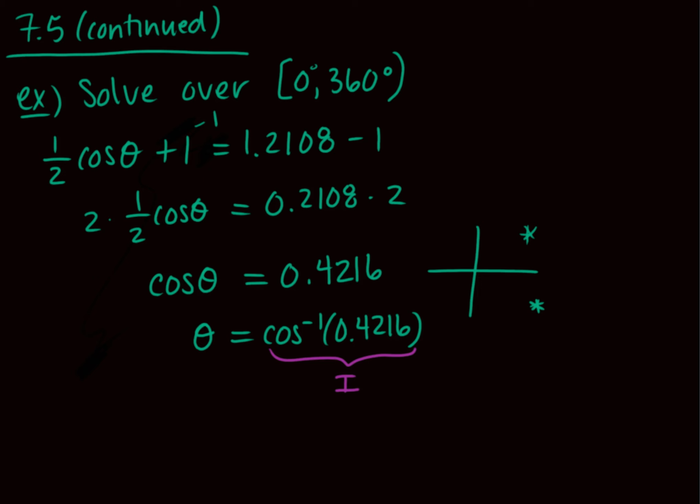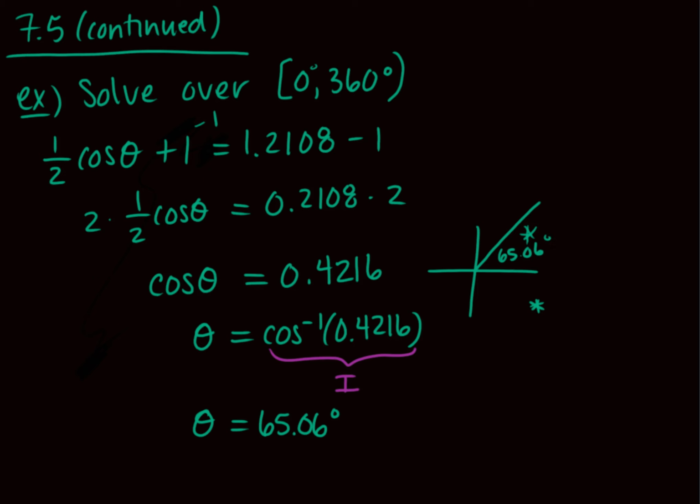So I'm going to do cosine inverse, making sure my calculator is in degrees, of 0.4216. All right, and so what I get is theta to be 65.06 degrees. So that's this angle right here. That's one value for theta.